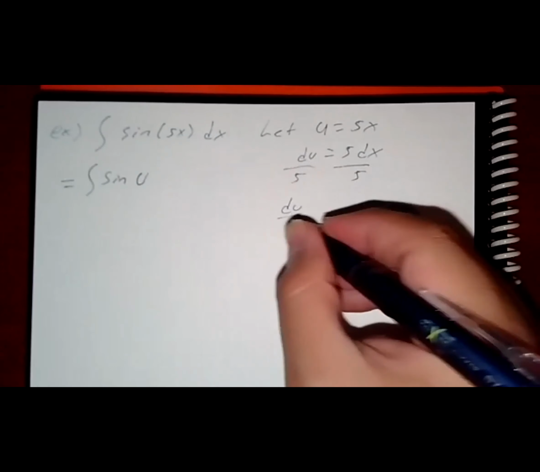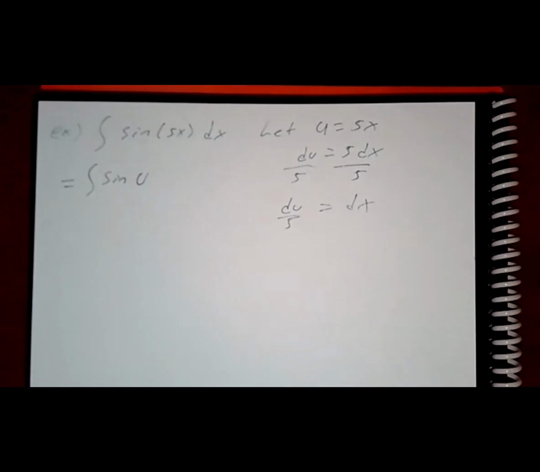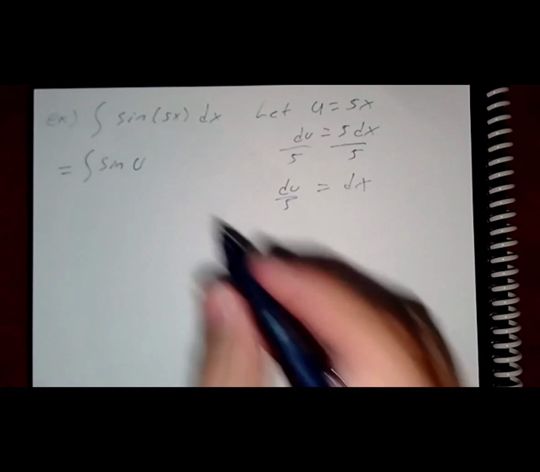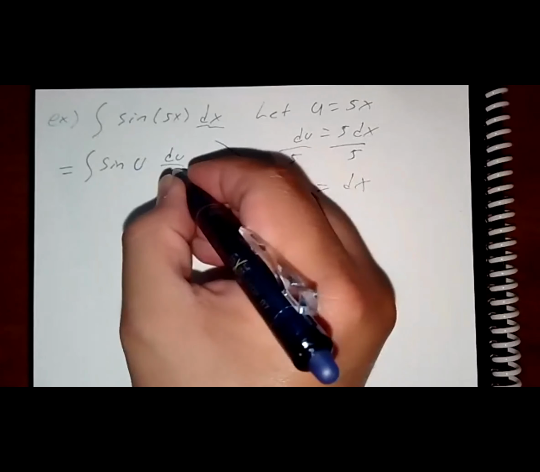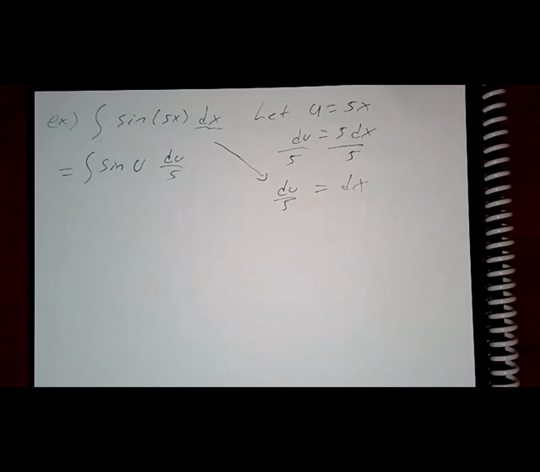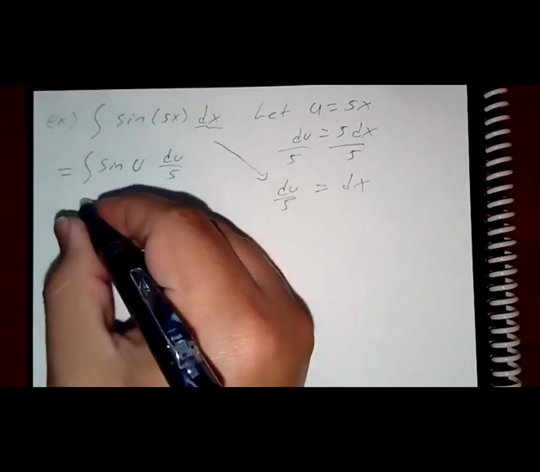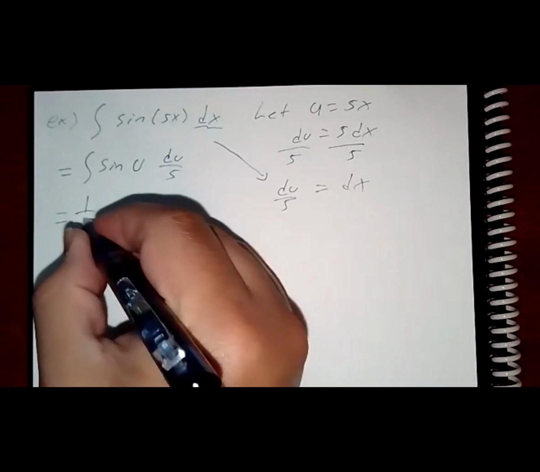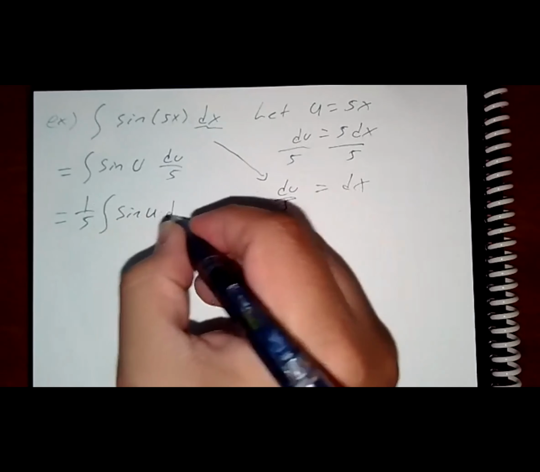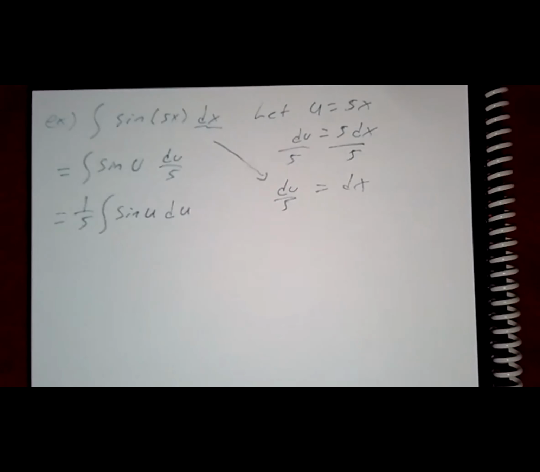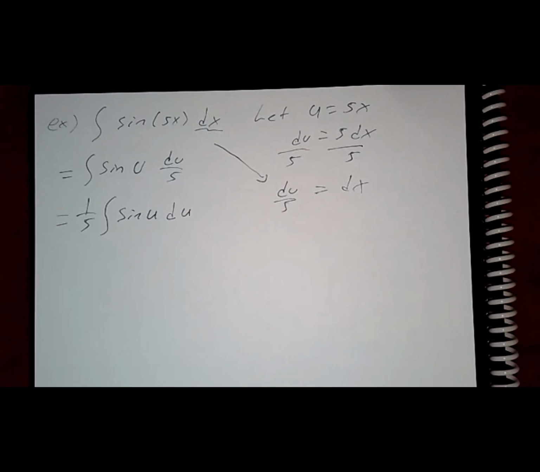So du over 5 is equal to dx. So this must be replaced by this. Then you can just pull out the 1/5 because it's in our way: sine u du. So what is the antiderivative of sine?